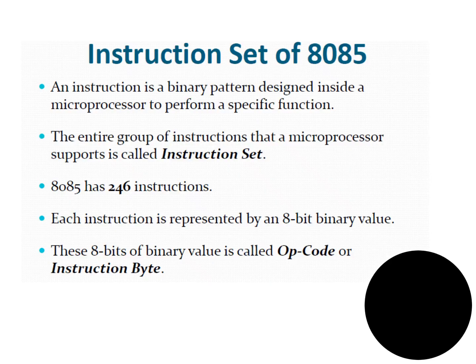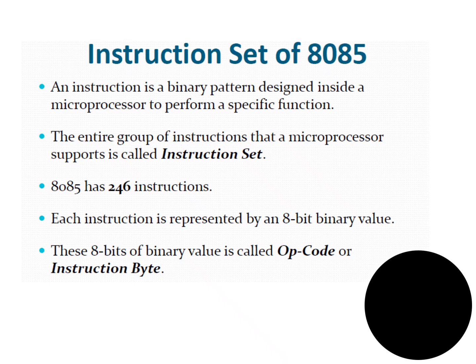So we need to understand what an instruction set is and what its use is. An instruction set is the binary pattern designed inside the microprocessor to perform a specific function, and the entire group of instructions that a microprocessor supports is called its instruction set.